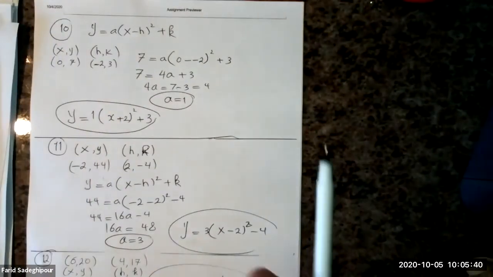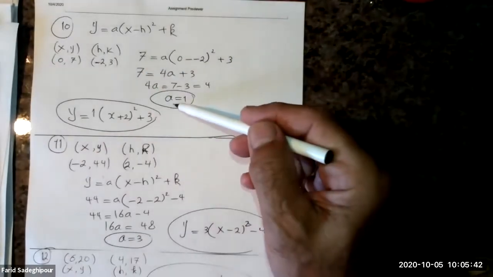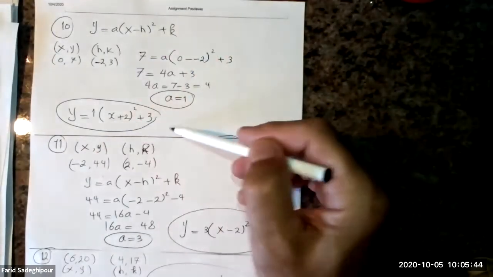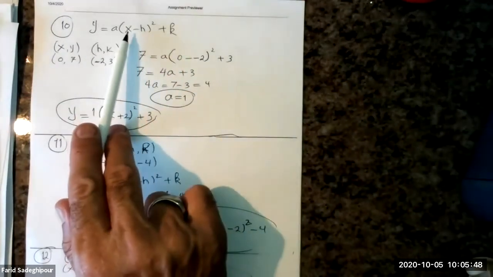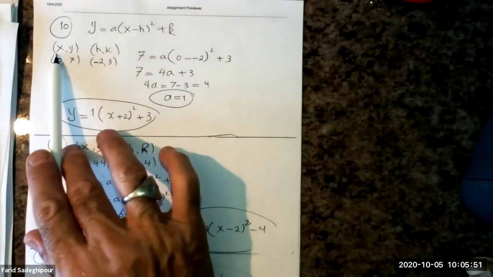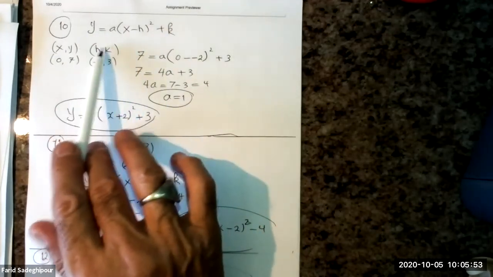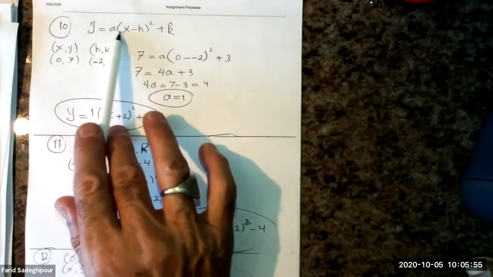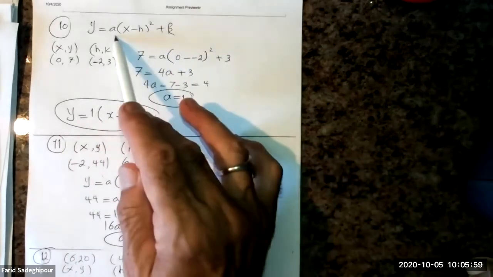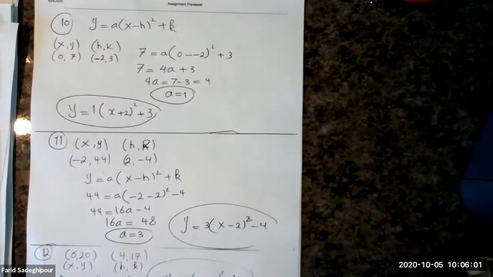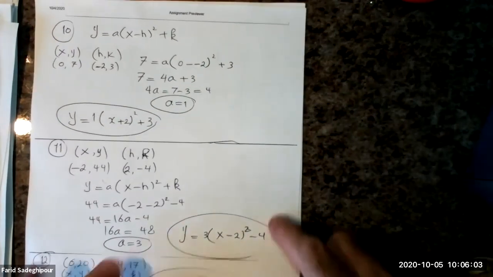So when you have two points, you plug into the equation to find your a. When you find your a, put it back in the equation, okay? The reason we give you two points is because in the problem we give you x and y, h and k. So you take all these four numbers and plug into this formula to find your a. And then you put the a back there, then you have your equation. That's the case for all of these problems here.